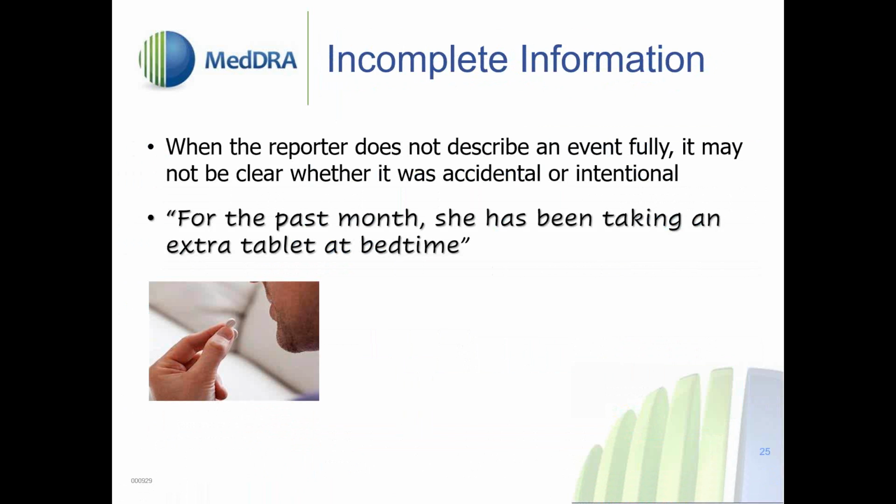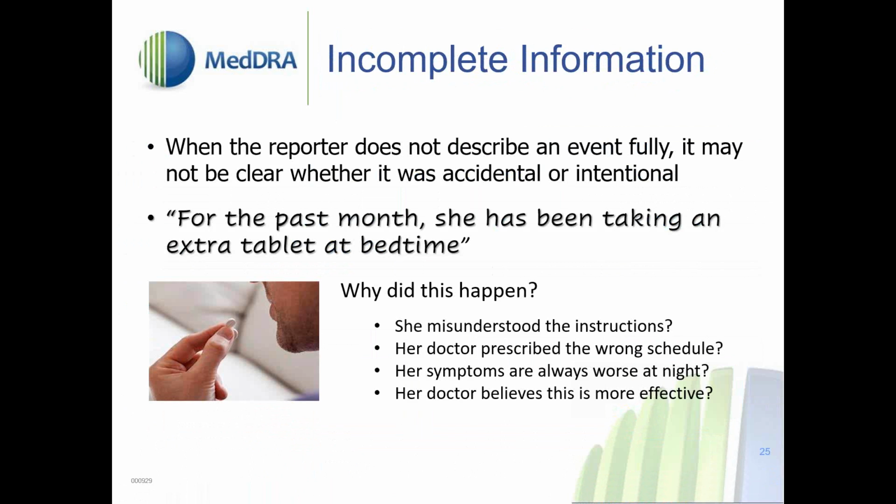You may now argue that in many cases, it is not clear whether such a deviation was intended or unintended. Here you can see one example for such a scenario. It is reported that the patient took an extra tablet before going to bed. If no further information is available, we do not know what the background was. Did the patient misunderstand the doctor's instructions or the package leaflet? This would then represent a medication error.